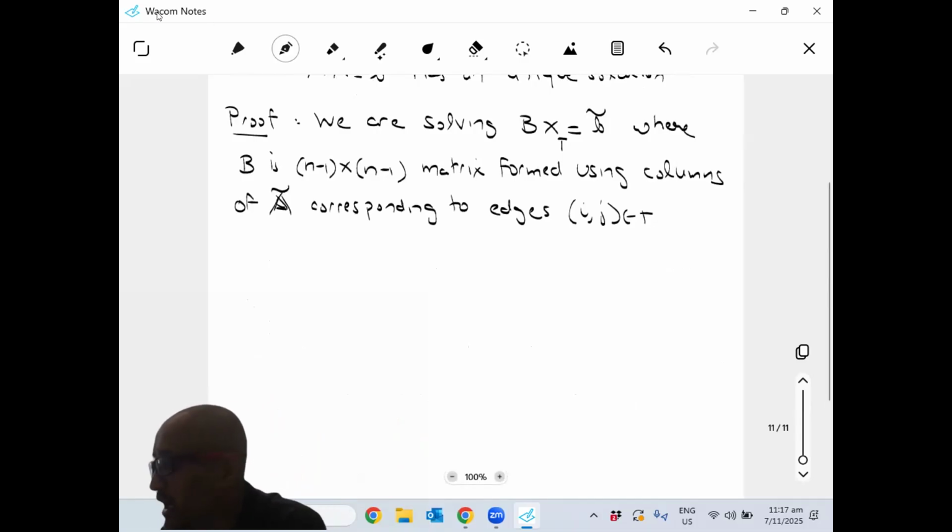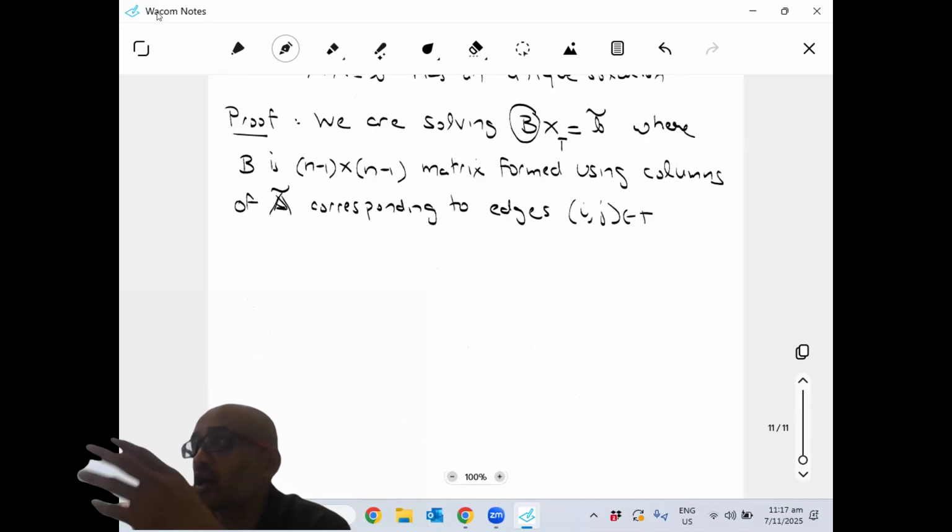Now the key idea is that we want to argue B is non-singular. You can see this by doing a renumbering of the graph.